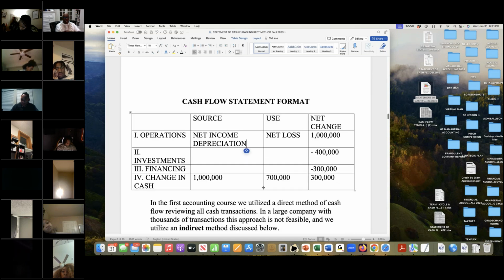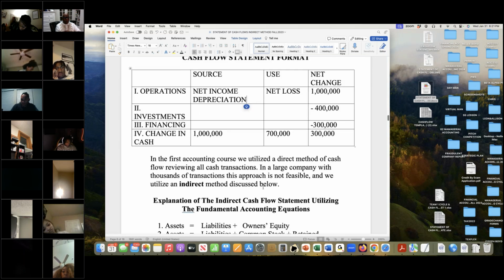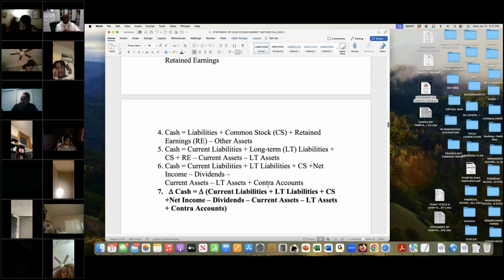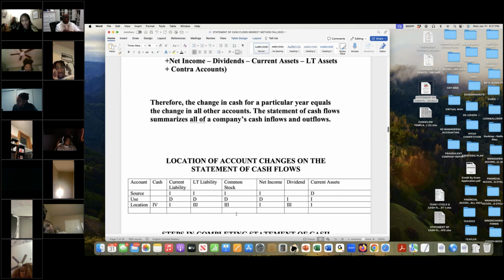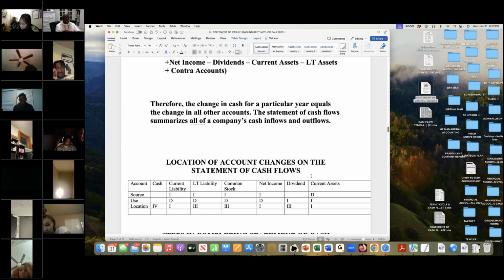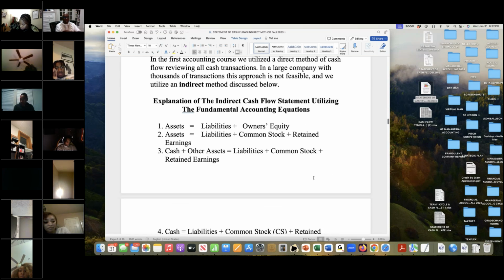Okay, the third thing we're going to look at as we look at this equation, we'll come down here. Let's look at current assets. They're going to go in part one. If there's a decrease in the current asset, then it's a source of cash. If it's an increase in the current asset, it's a use of cash. It has to be one or the other.